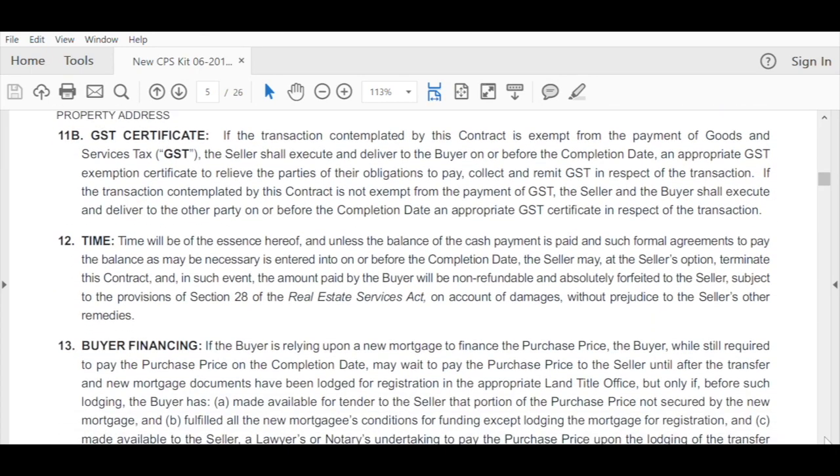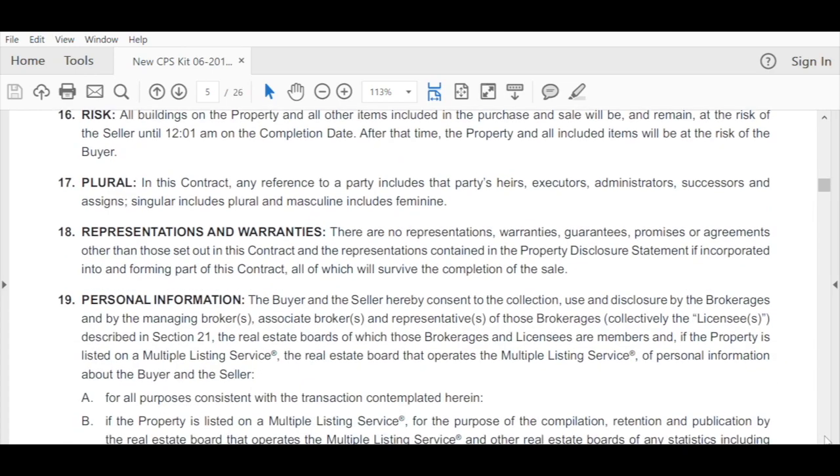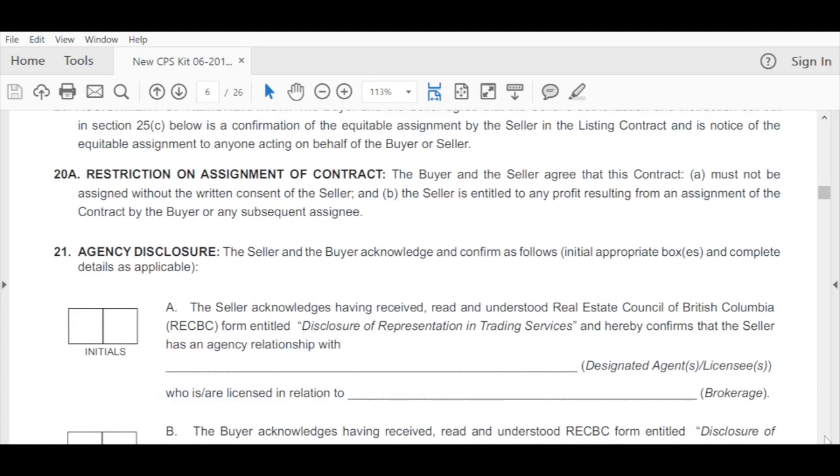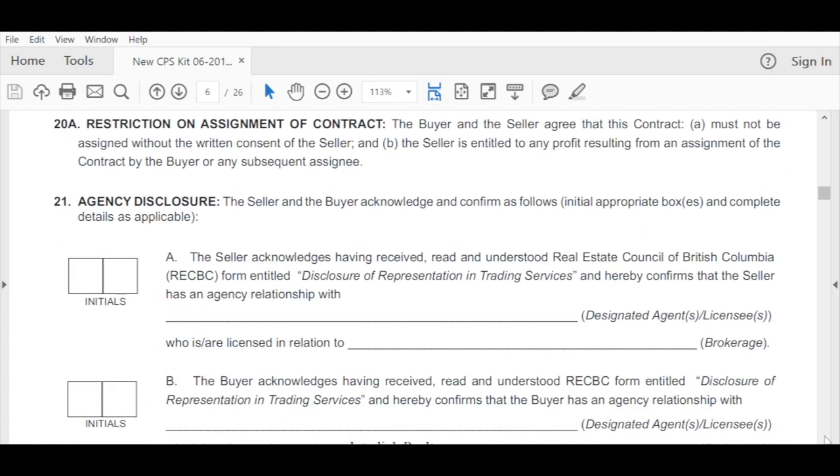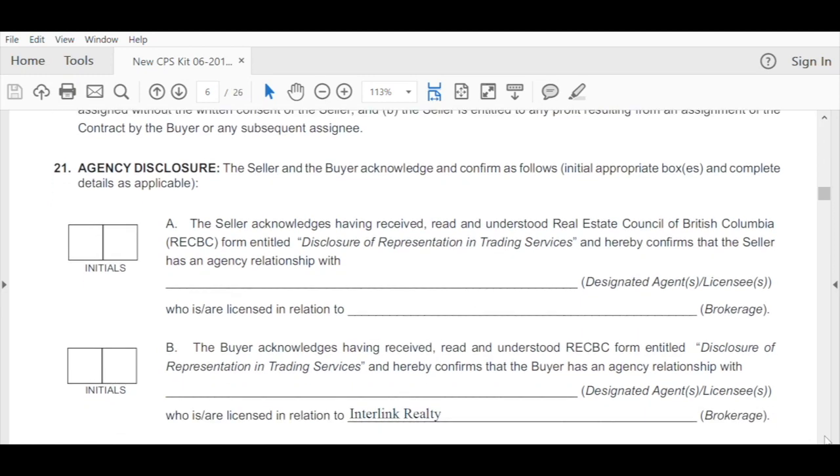So the next couple of pages are all standard clauses. Page 5, for agency disclosure, you have to be particularly careful. This is a new revised form since June 2018.